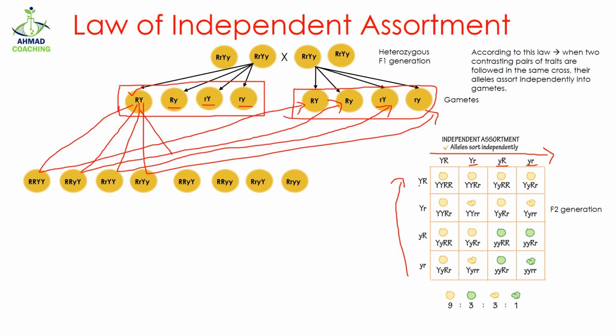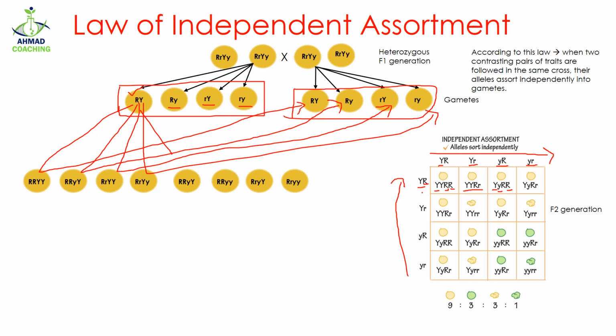So how are we going to do this? This one gamete is going to fuse with this one. So capital Y, capital R here, and capital R from here. Similarly, this can also fuse with the other one. We will have this genetic combination. Similarly, this one can also fuse with this one. So we will have capital Y from here, small y from here, capital R from here, and capital R from here.